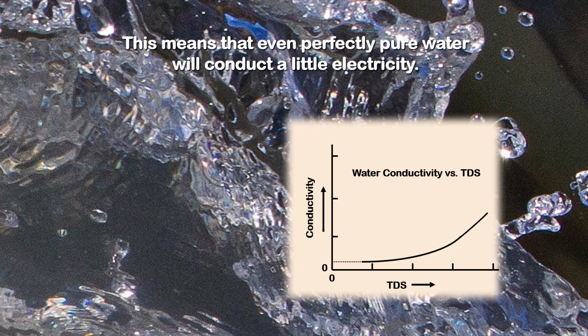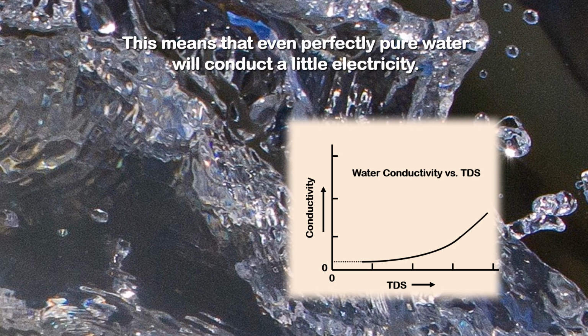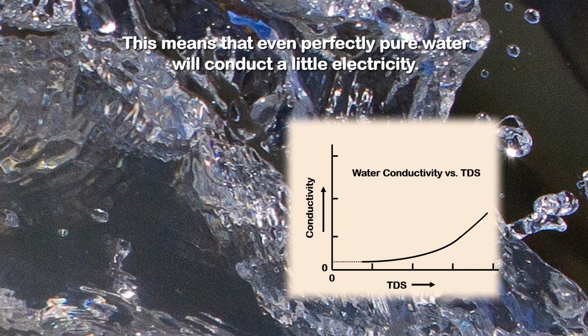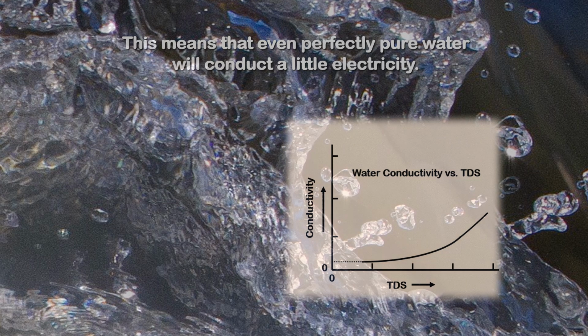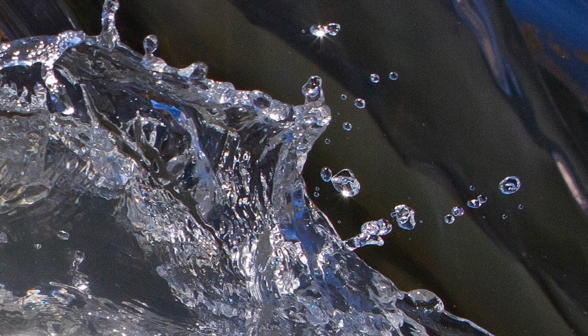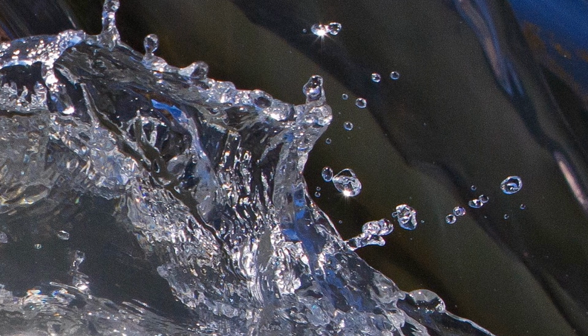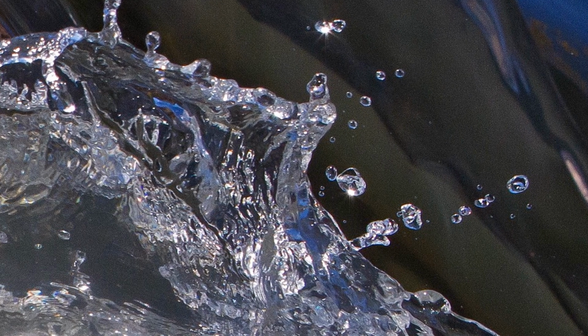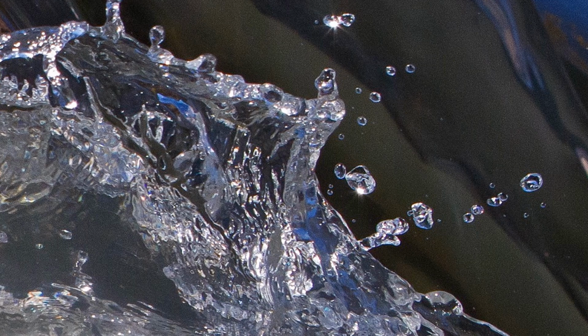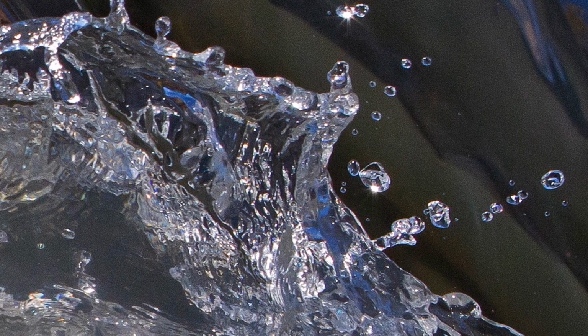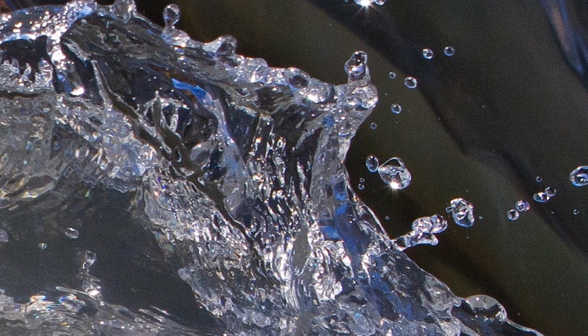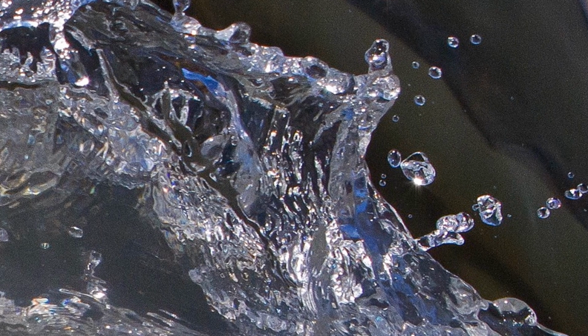This means that even perfectly pure water will conduct a little electricity. The experimental evidence was clear. There must be another source of ions in pure water besides dissolved salts to account for its residual electrical conductivity.